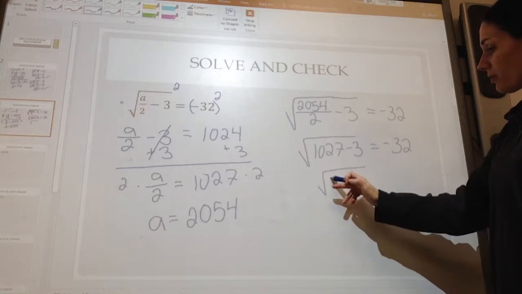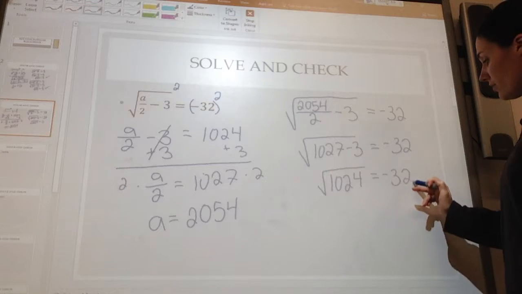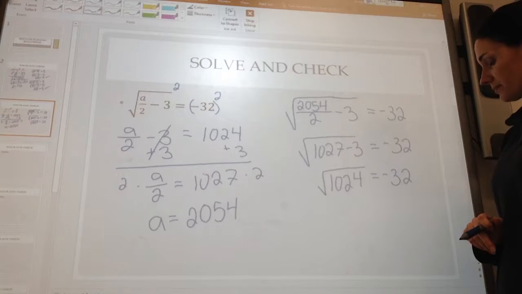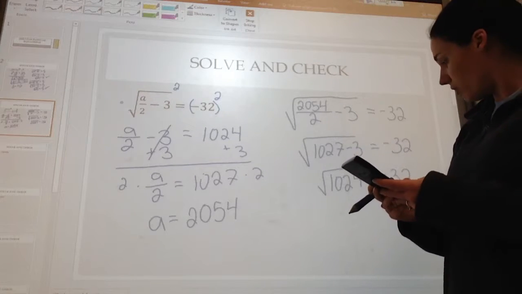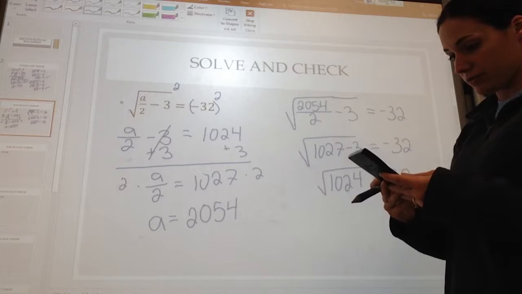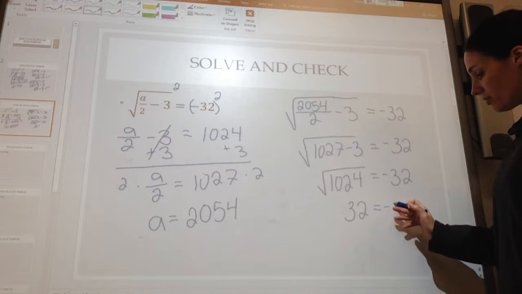Subtract that and we get square root of 1,024 equals negative 32. And I'm going to grab my calculator and take the square root of 1,024, and it's 32. On my calculator it says 32.